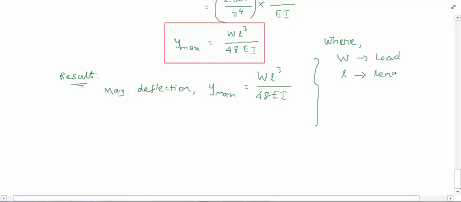Here you know that W is the load, L is the length of the beam, E is the Young's modulus of the material, and I is the moment of inertia of the beam. If you substitute all the values, you can get the maximum deflection of the beam.